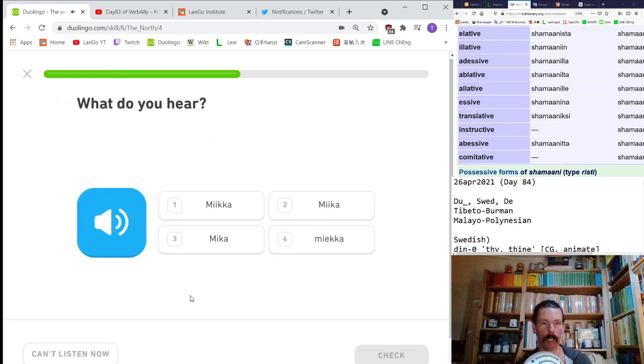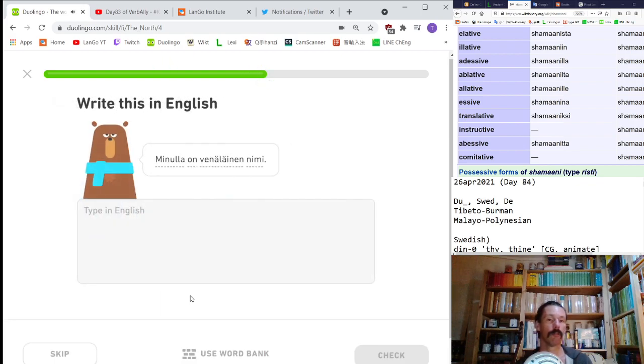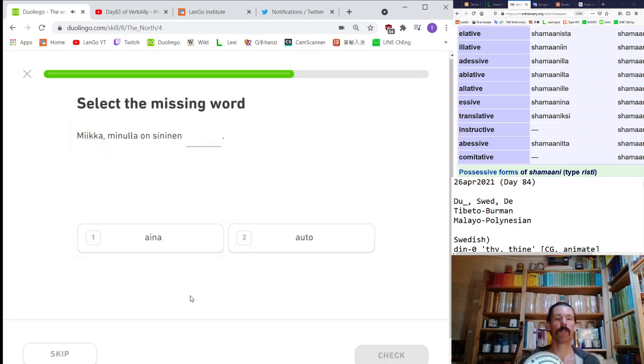Miikka. Long E, long Miikka. Letters double to show length. Minulla on venäläinen nimi. I have a Russian name. Miikka. Minulla on sininen auto.